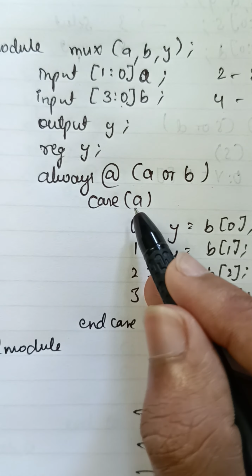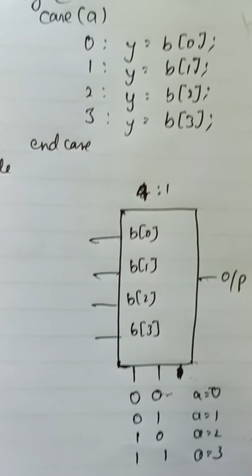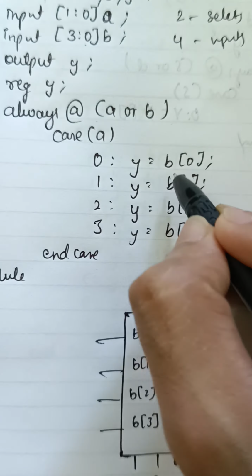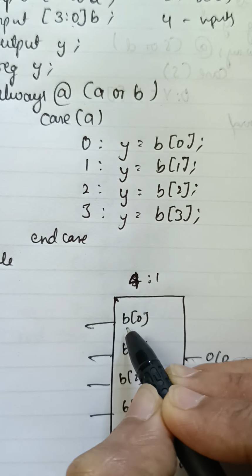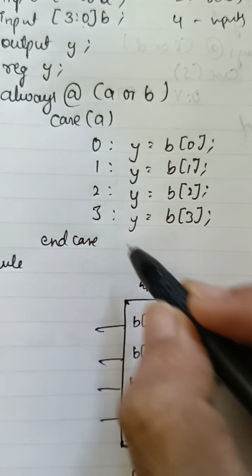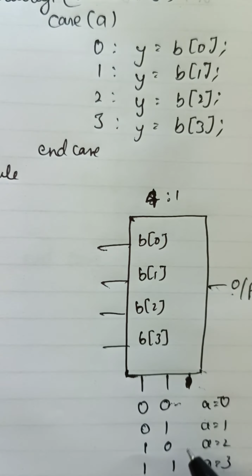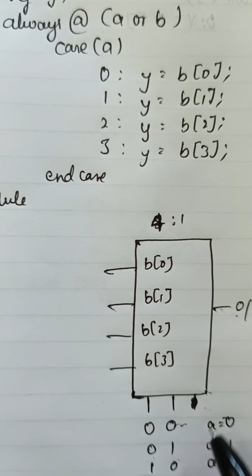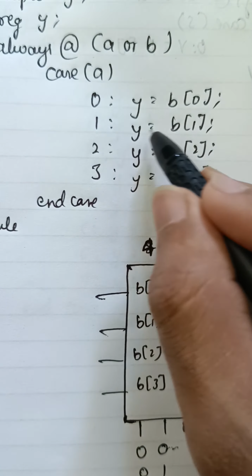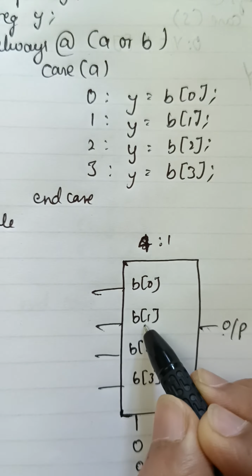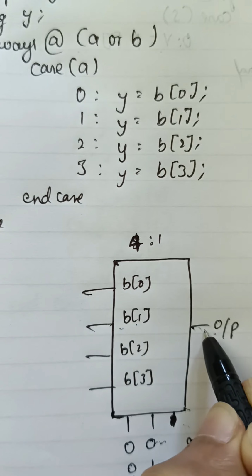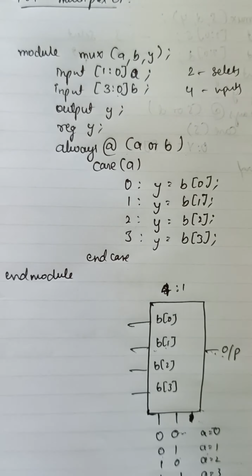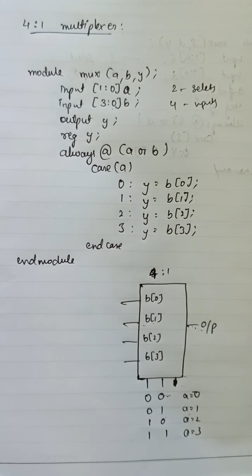If A is 0, that is the select is 0 0, then the output Y will be B of 0. If the select is 0 1, then the output value will be B of 1, which is directly taken as the output. Like this, these 4 cases apply. This is the 4:1 multiplexer.